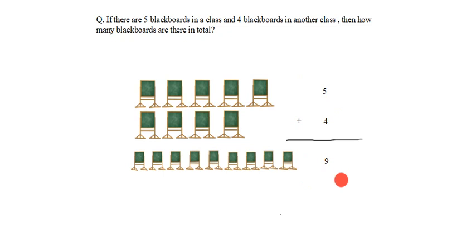The question is: there are five blackboards in one class and four blackboards in another class, then how many blackboards are there in total? So this is also a question of addition, you can see here. So you have to solve it.